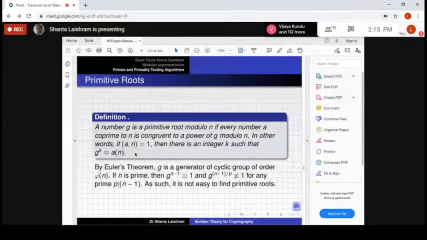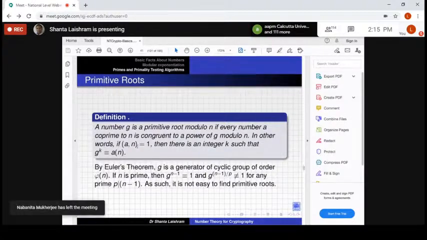So basically, G generates the multiplicative group modulo n. So G is a generator of the cyclic group of order phi n, and if n is a prime, then G power n minus 1 is 1, and G power (n minus 1) by p is not equal to 1 for any prime p dividing n minus 1.